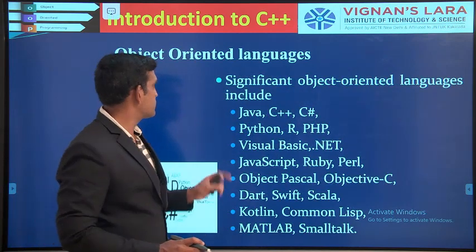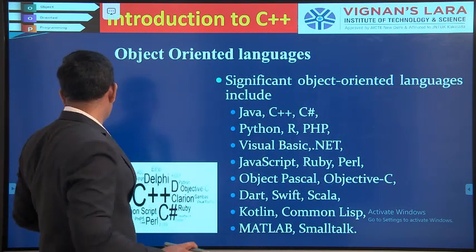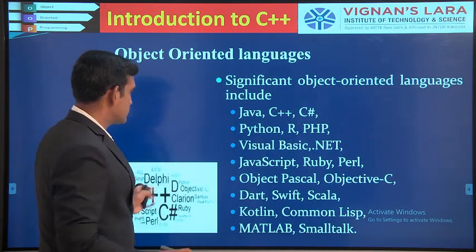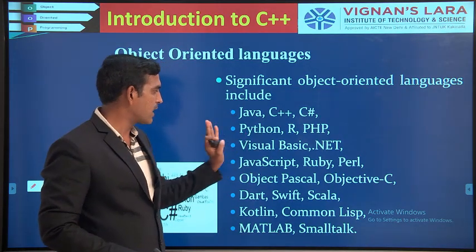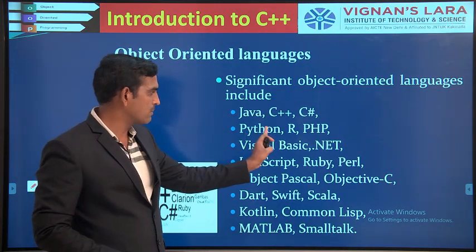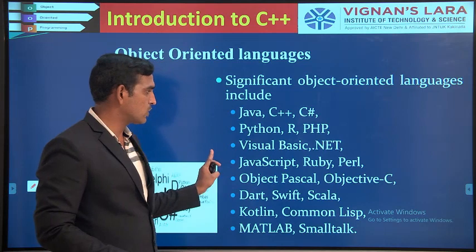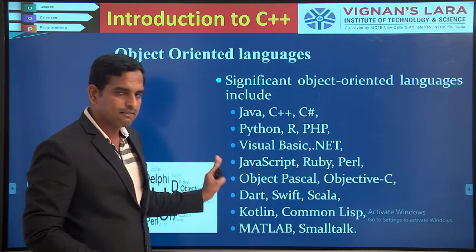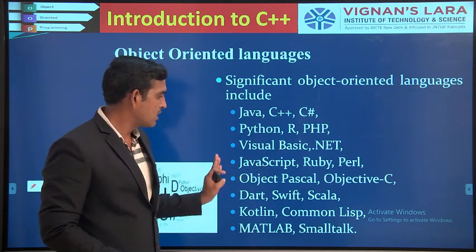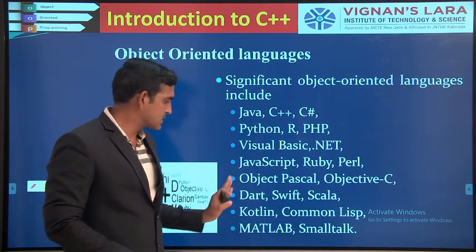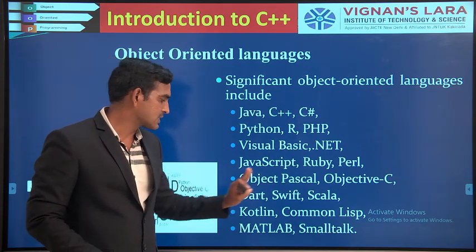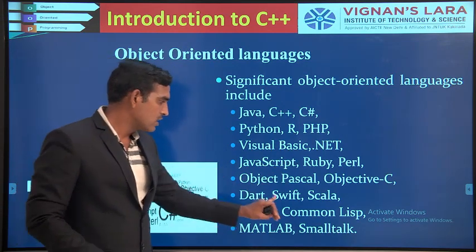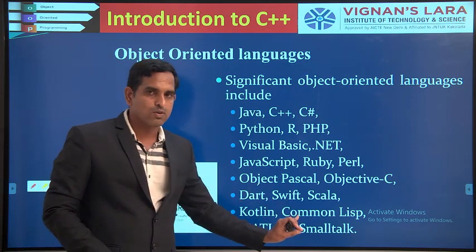Other major object-oriented programming languages are Java, C++, C#, Python, R, PHP, Visual Basic .NET, JavaScript, Ruby, Perl, Object Pascal, Objective-C, Dart, Swift, Scala, Kotlin, Common Lisp, MATLAB, Smalltalk.